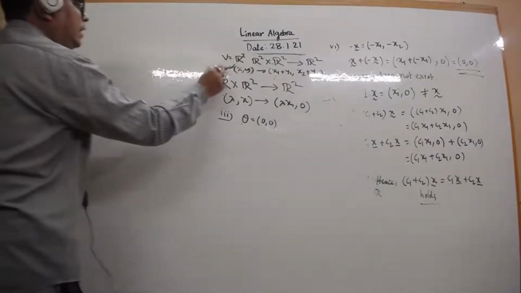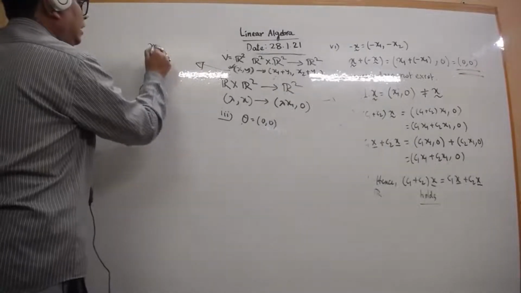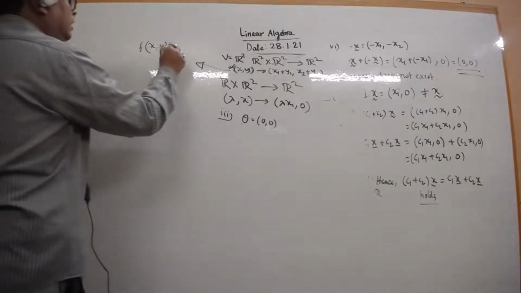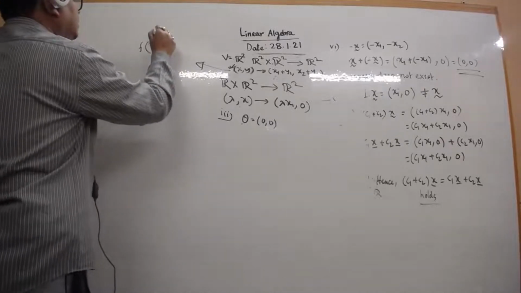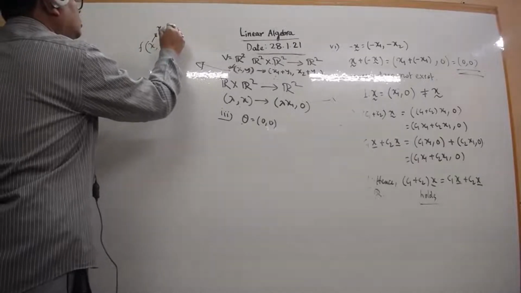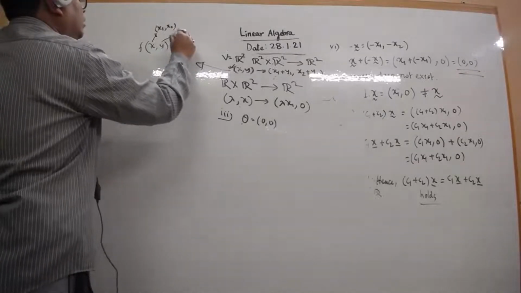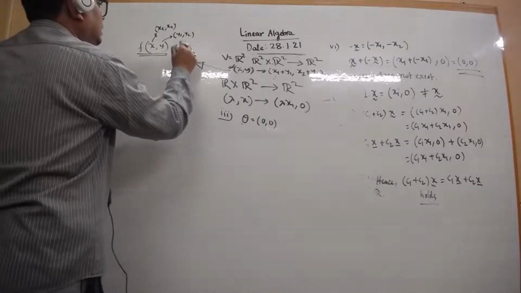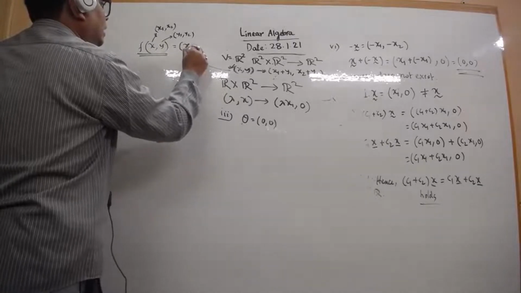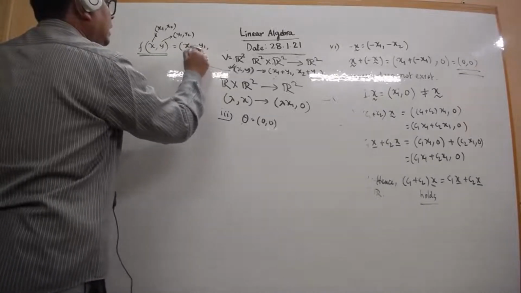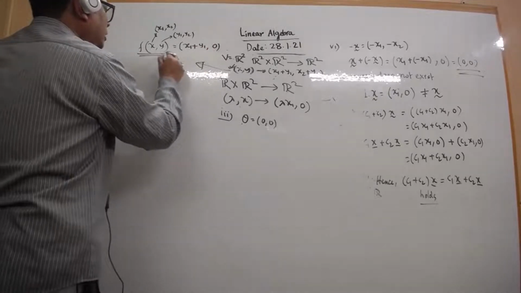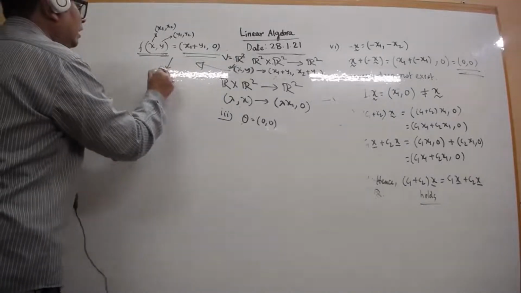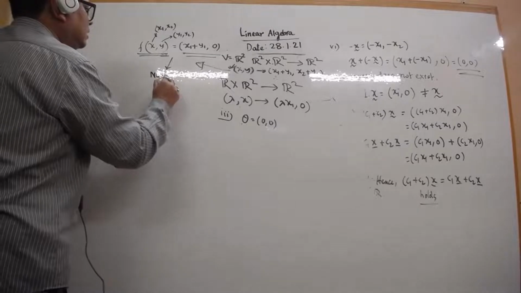In my previous example, I defined addition as a function. Here x is (x1, x2), y is (y1, y2), and the function is defined as (x1 plus y1, 0). If you define addition in that way, then the null element does not exist.